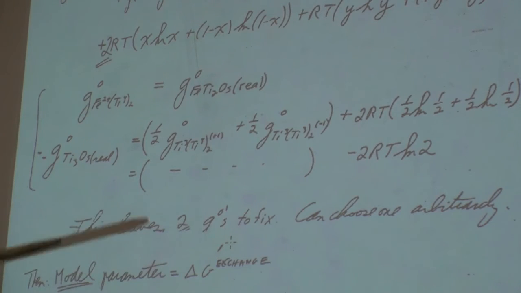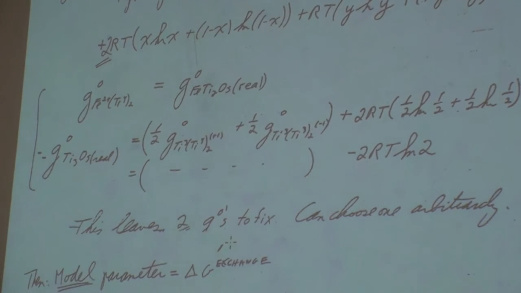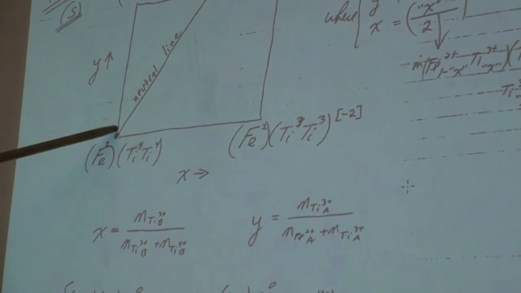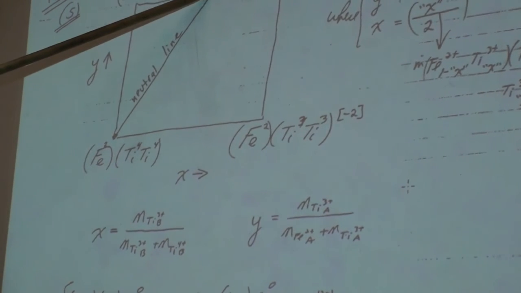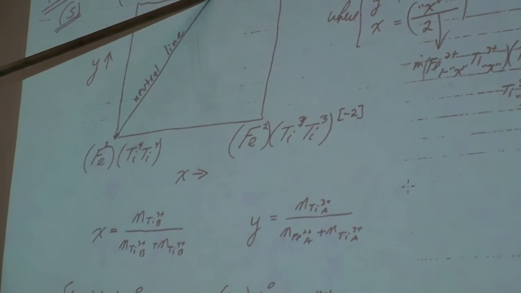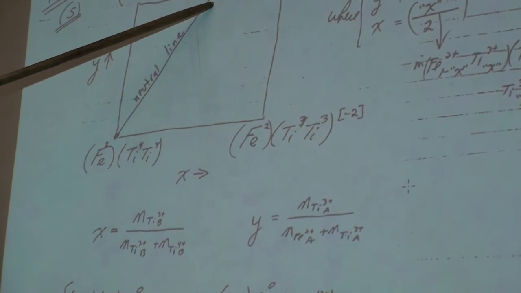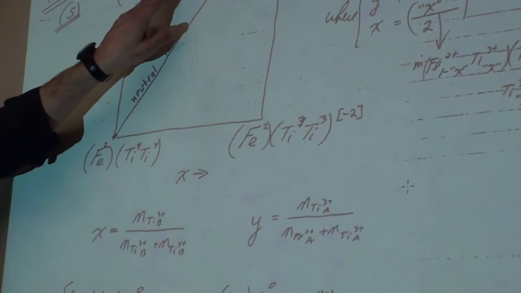But it's the fact now that G naught of real Ti3O5 is fixed. This G naught here is the Gibbs energy of FeTi2O5. The Gibbs energy of Ti3O5, which is a real compound, is going to be the Gibbs energy of this, plus the Gibbs energy of this divided by 2, plus the configurational entropy term for mixing on that sublattice.